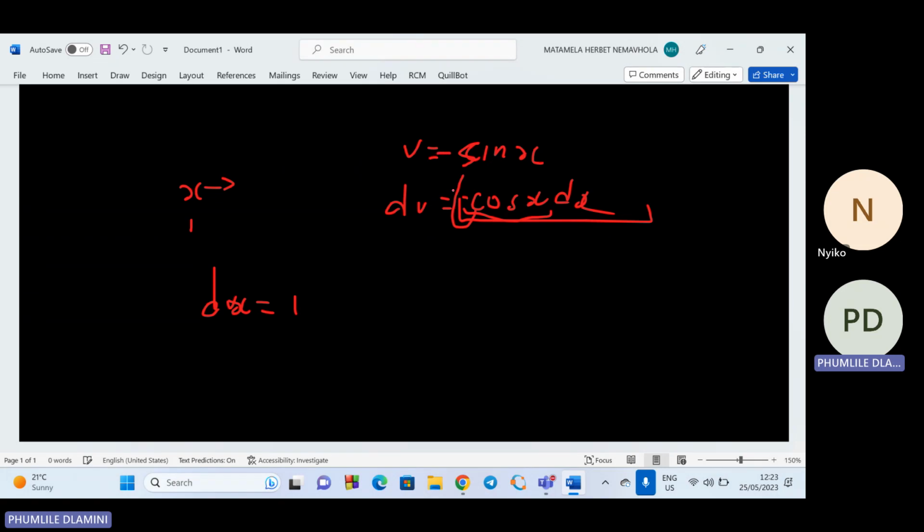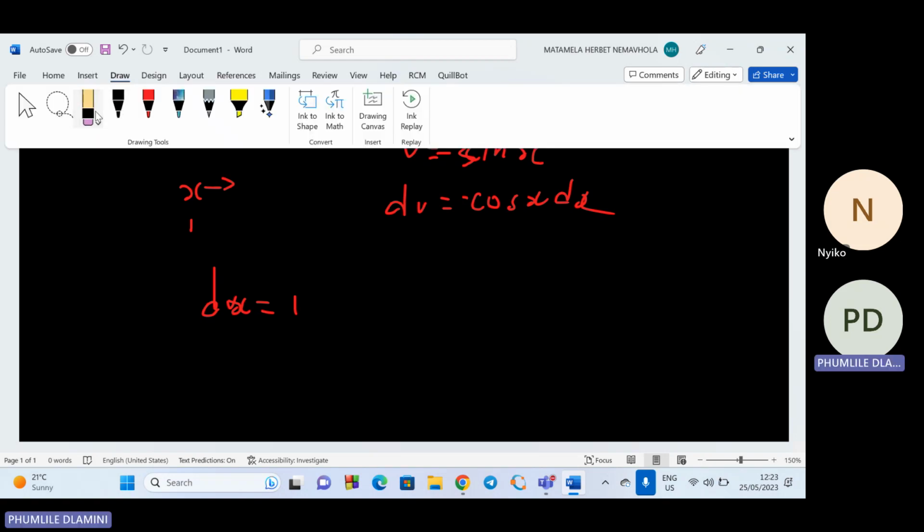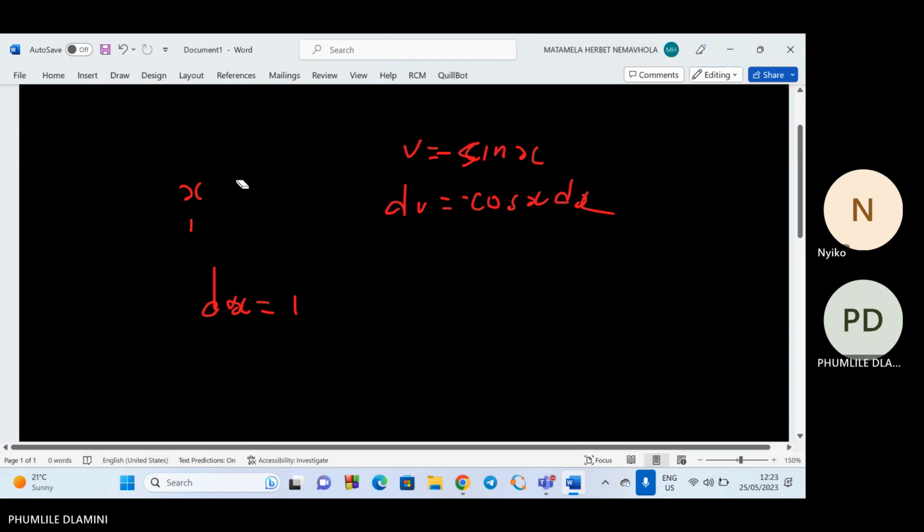So I can put negative also, so that I get negative cos x. Okay, so that's what's happening. We are just going back to the form it was before it was differentiated. So for example, let's say maybe we have this equation.